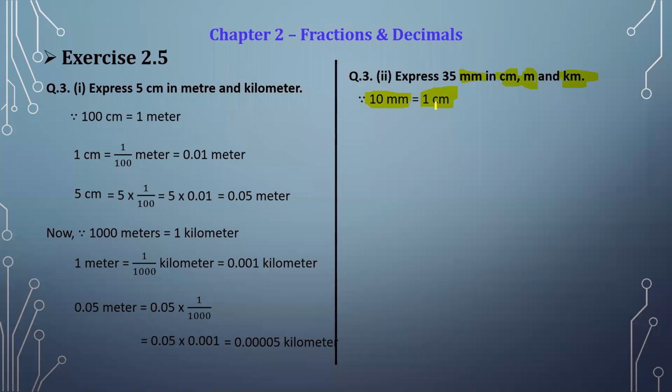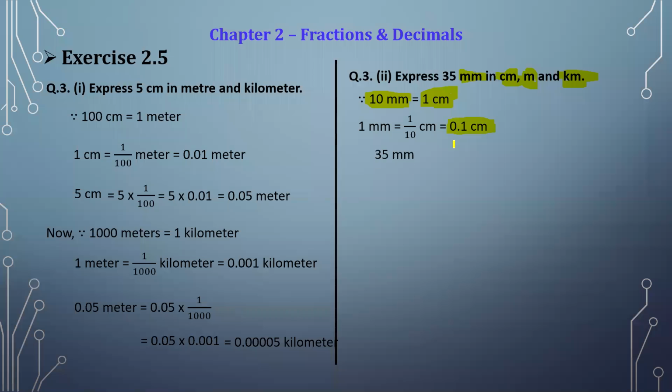Now in the same way we did in the previous example, we can find out the value of 1 millimeter. Therefore, the value of 1 millimeter is going to be 1 upon 10 centimeter, or 0.1 centimeter. So in the example, we are going to use the conversion: 1 millimeter is equal to 1 upon 10 centimeter or 0.1 centimeter.